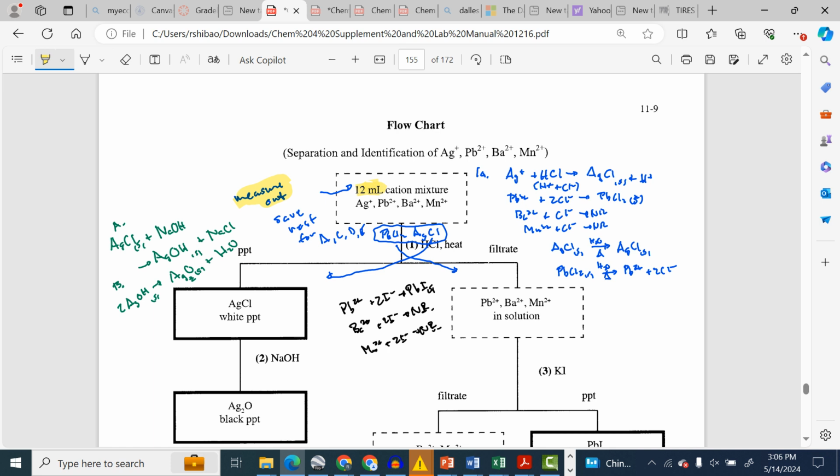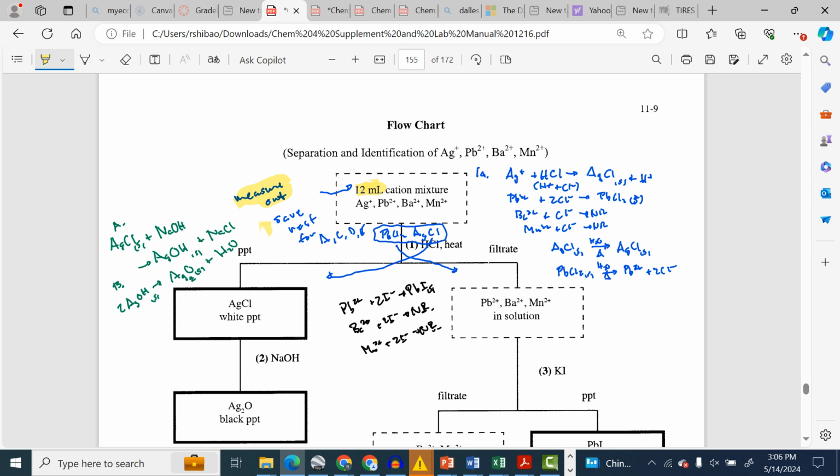Test tubes are a lot faster as far as cleaning goes, and transferring and heating and everything else. Measure out just 12 milliliters. You don't want to use too little, because then you might lose some, and by the end you have nothing left.